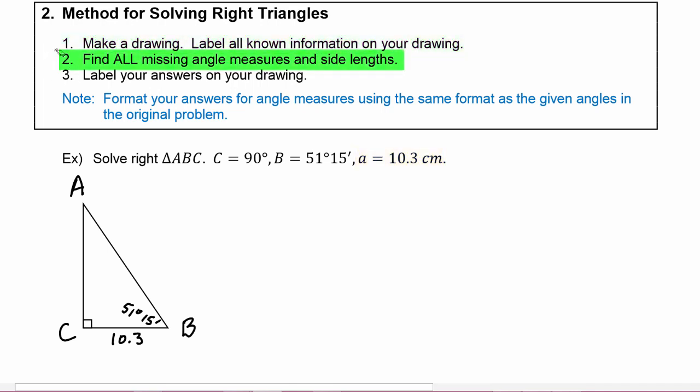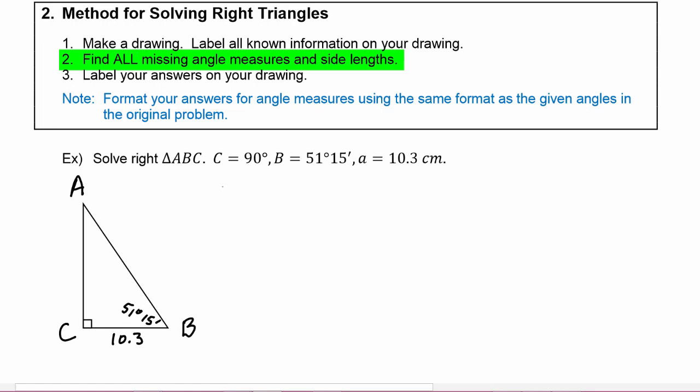Now, step 2 says we have to find all the missing angle measures and side lengths. So we see angle A is missing. That's probably the easiest thing for us to start off solving for. We learned in a previous lesson that the acute angles in a right triangle are complementary.